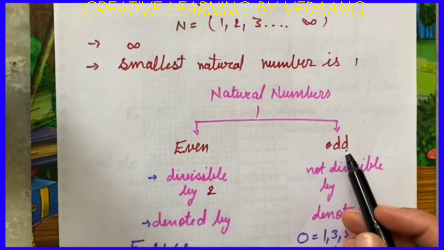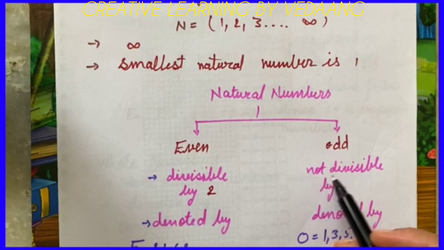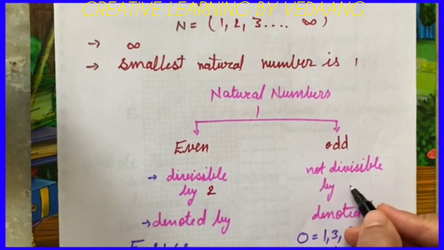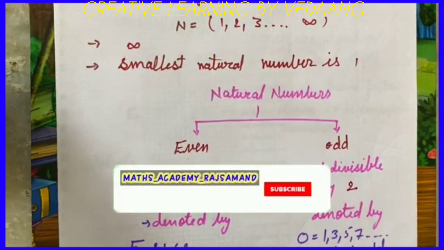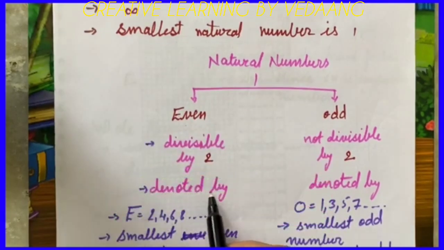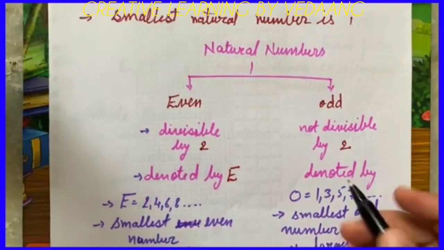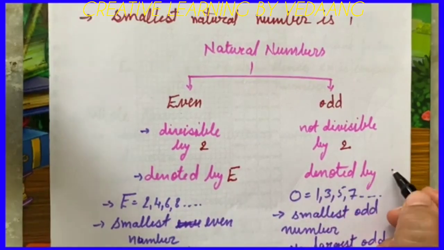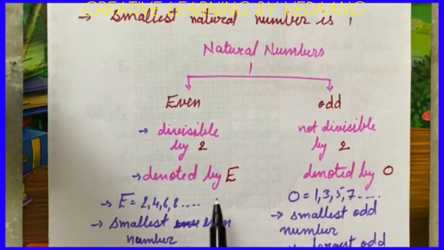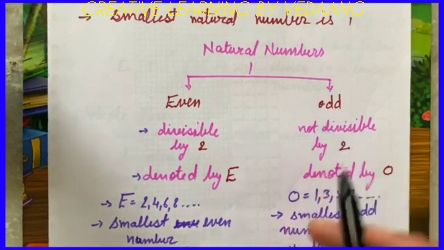Now odd natural numbers, that cannot be or not divisible by 2 are odd natural numbers. Now we denote even natural numbers by capital E and odd natural numbers by capital O. Here E stands for even and O stands for odd.